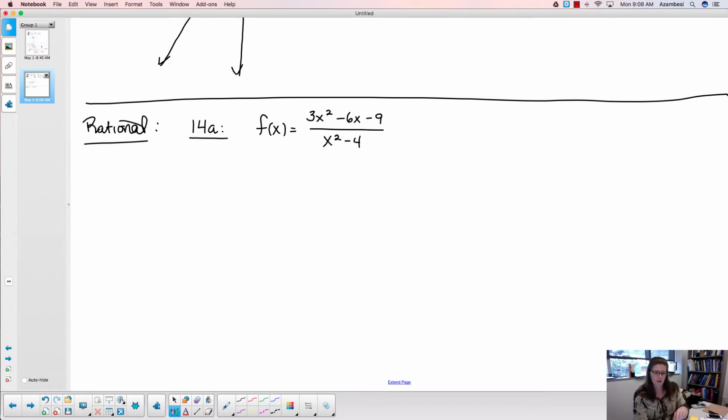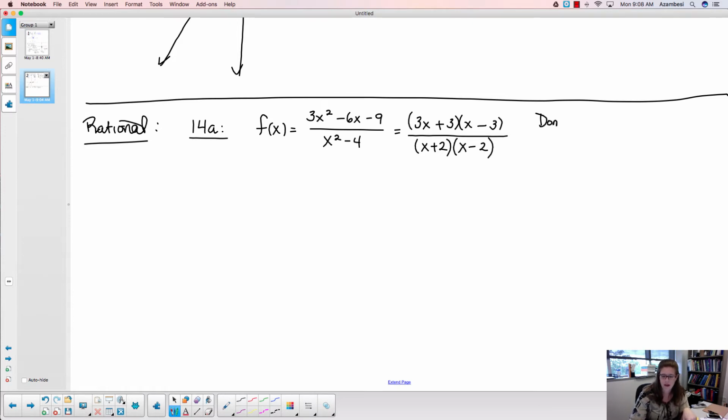So the first part of this is to factor the whole thing. So if I factor that, I have 3x and x on the top. I know that they have to be 3 and 3 to give me 9, or 9 and 1, but that's kind of unusual. And looking at the sign arrangement, I need negative 6 in the middle, so I'm going to do negative positive. Looking at the bottom, x plus 2, x minus 2.